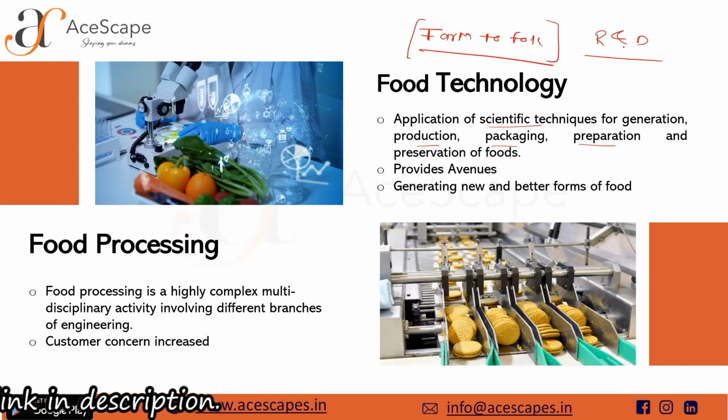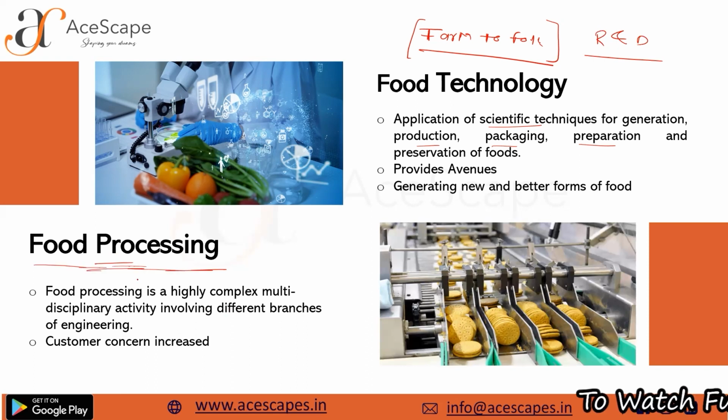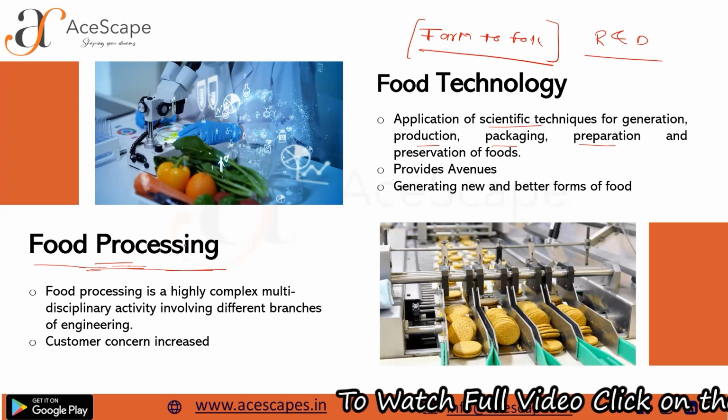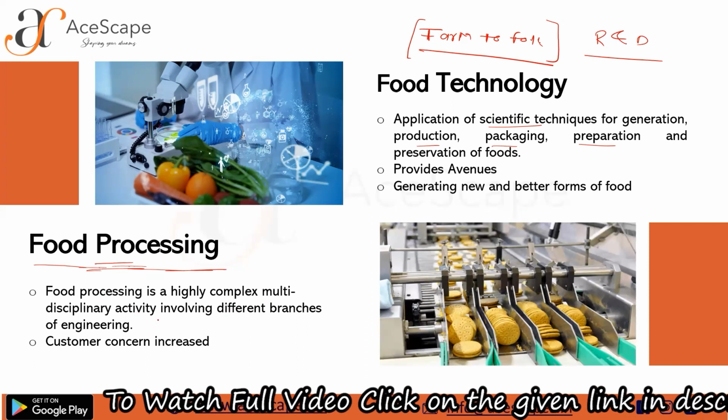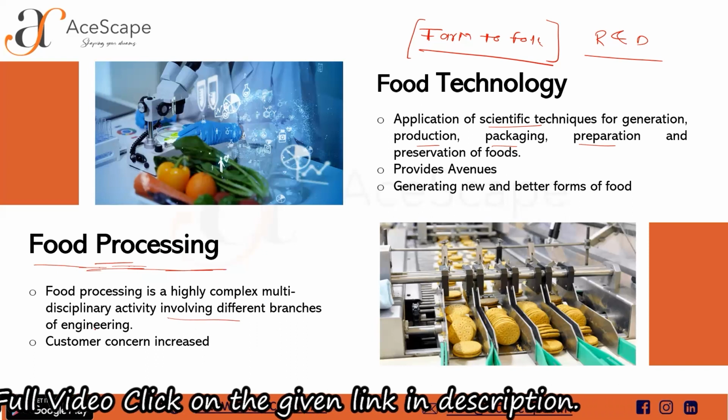But if we talk about food processing, basically food processing is a technique or method to produce any food, right? Here we are only concerned about production or processing criteria. So these are the basic differences, right? Food processing is a highly complex multidisciplinary activity, involving different branches of engineering.